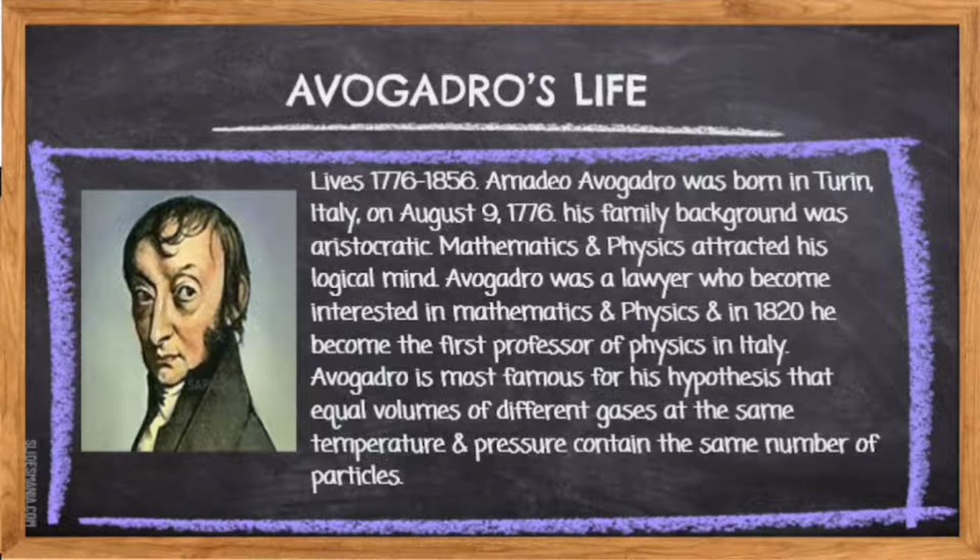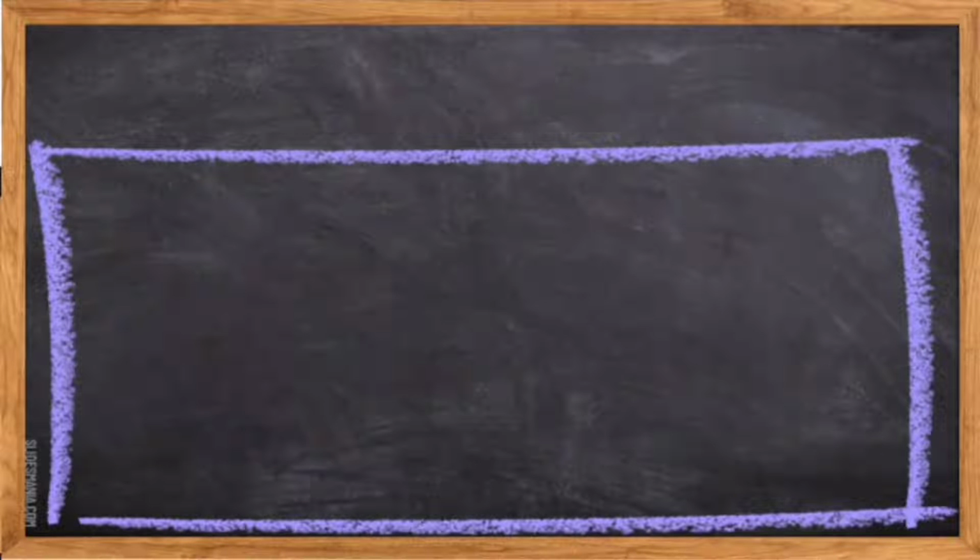Avogadro is most famous for his hypothesis that equal volumes of different gases at the same temperature and pressure contain the same number of particles.